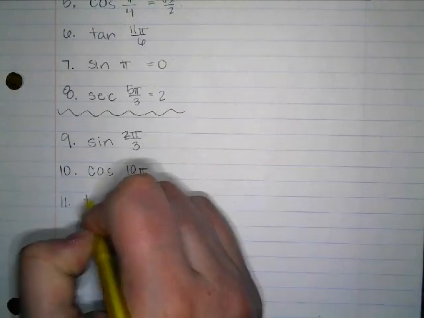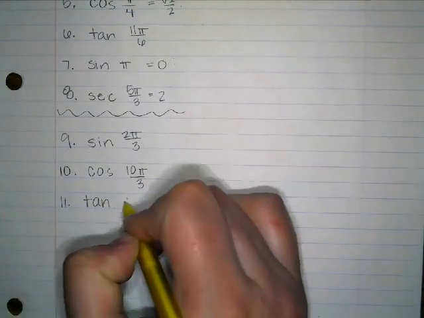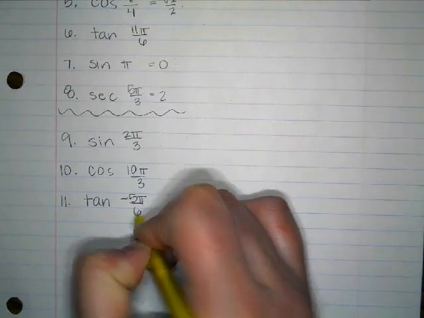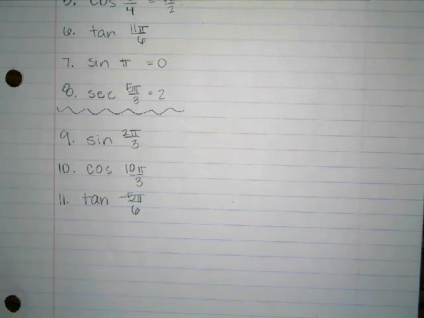Tan negative 5 pi over 6. That means on the other side. It means you move backwards.